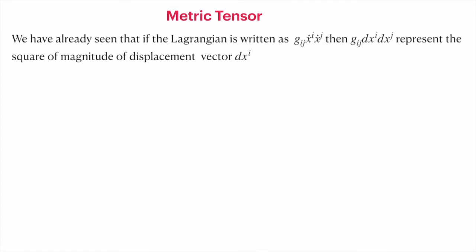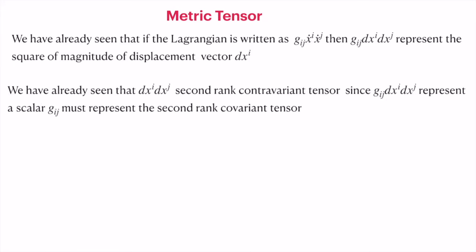We have already said that the Lagrangian, when we transform kinetic energy, also represents the distance between the 2 points for a given small displacement dx^i. Now you already see that dx^i dx^j is a second rank contravariant tensor, and when we take the dot product with g_ij, g_ij dx^i dx^j represents the distance, or the scalar.